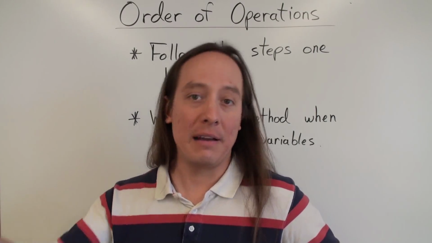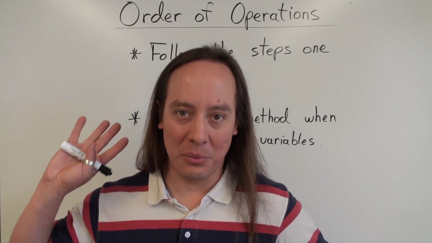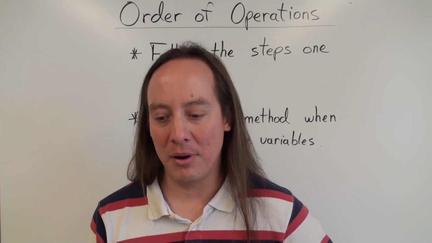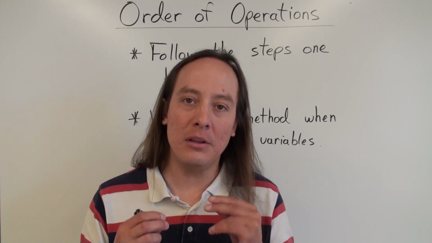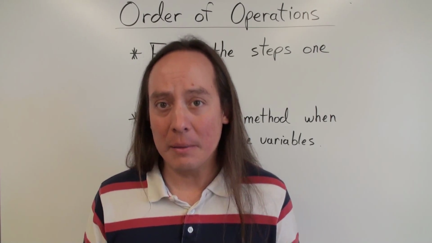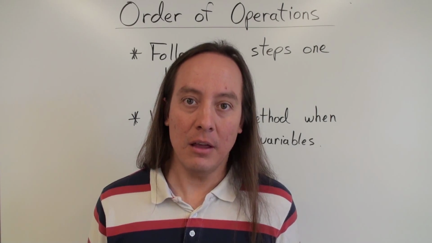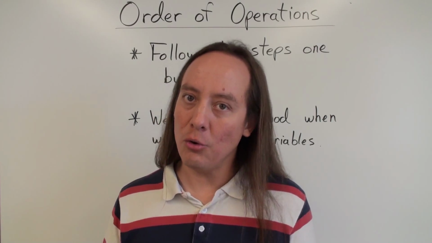It doesn't work. Or vice versa, they want to use the rules for variables in order of operations. So just remember that we only use the order of operations when we have all the numbers. All the information is right there in front of us. No unknowns, right? No variables.